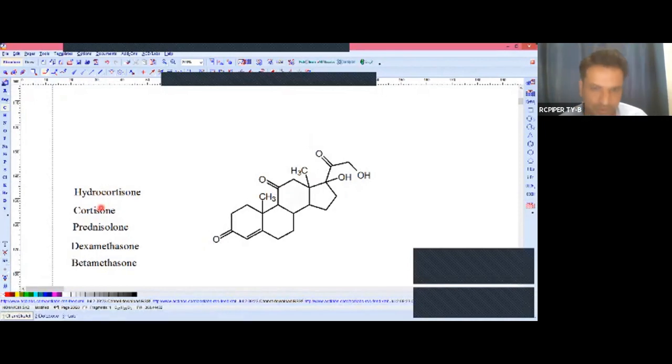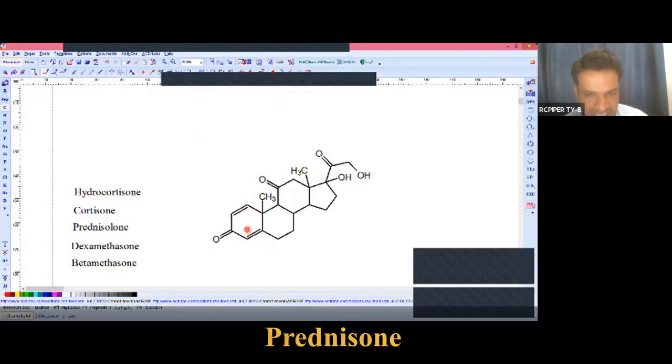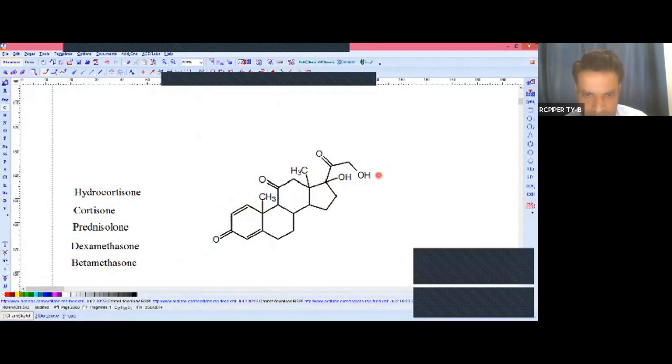To improve the glucocorticoid activity, according to structure activity relationship, carbon number 1 and carbon number 2 were made unsaturated. So an extra double bond was introduced in the A ring at carbon number 1 and carbon number 2. Then this compound becomes prednisone.